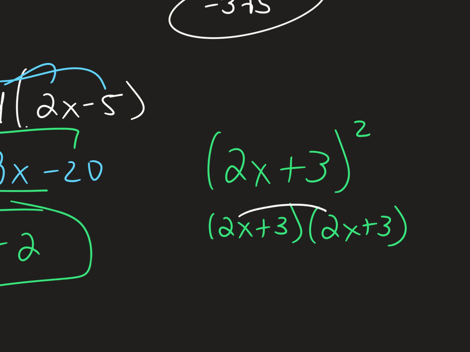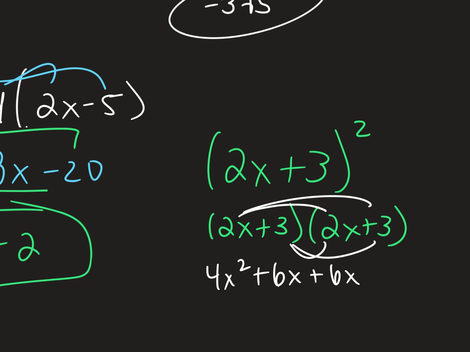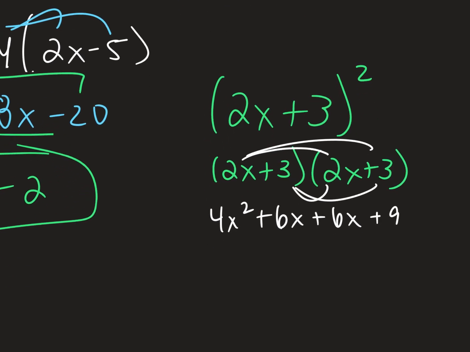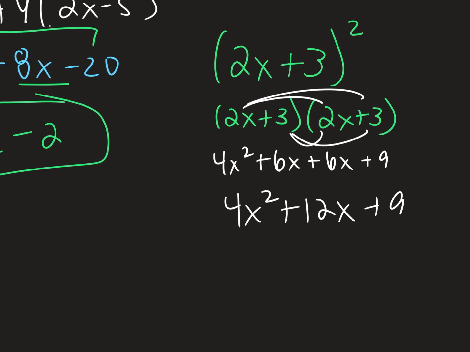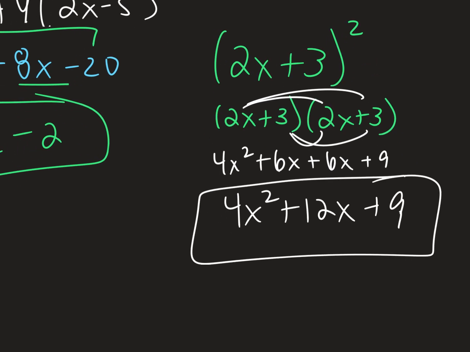So 2x times 2x is 4x squared. 2x times 3 is plus 6x. 3 and 2x is plus 6x. And 3 times 3 is 9. So this becomes 4x squared plus 12x plus 9. And that is how our perfect square trinomials are formed.